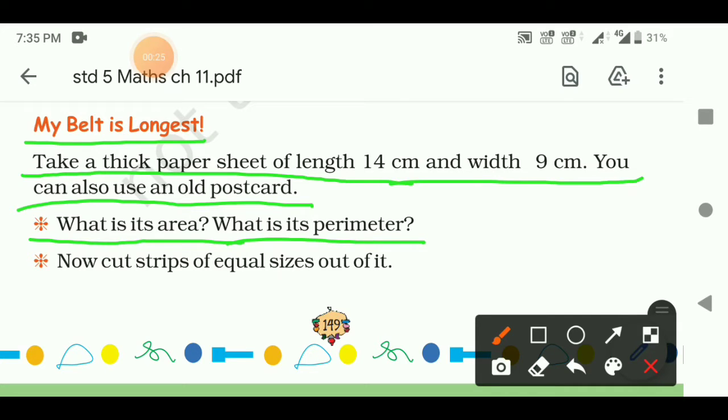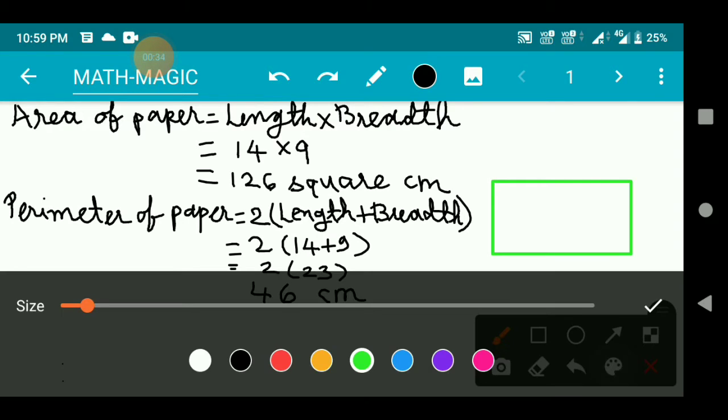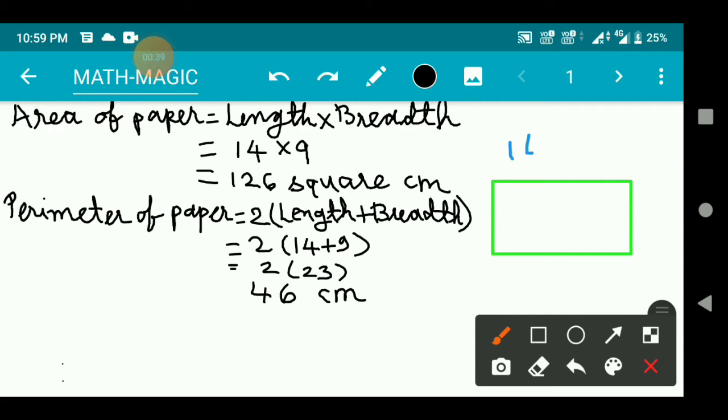So students, take a thick paper sheet of length 14 cm and width 9 cm, or you can also use an old postcard. Now let us find out the area and the perimeter of this paper sheet. Suppose this is a thick paper sheet having length 14 cm and breadth 9 cm.